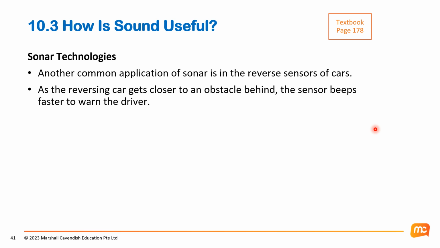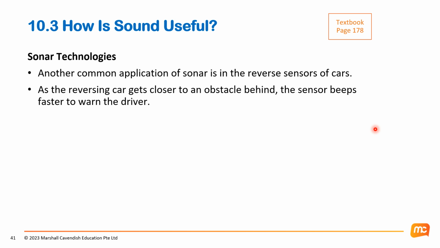So another common technology is the reverse sensor of cars. As a car reverses, many cars nowadays have a model where there is an ultrasonic sensor which would detect the echo between the car as well as the wall behind it.